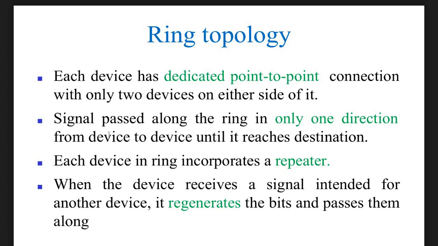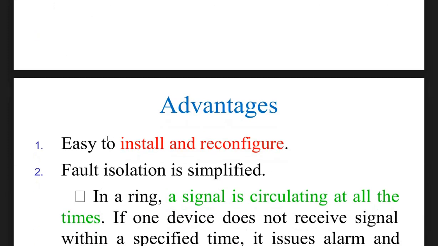All the others are dedicated point to point connections only. The signal passes along one direction until it reaches its destination. In only one direction the data can pass. It uses something called a repeater, and it regenerates the bits and passes them on.